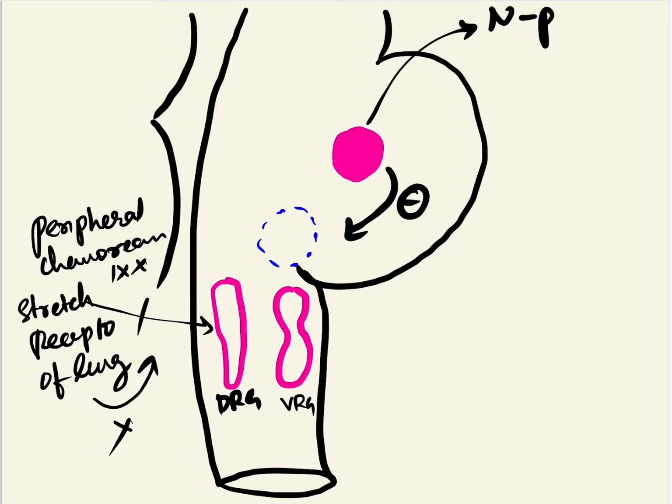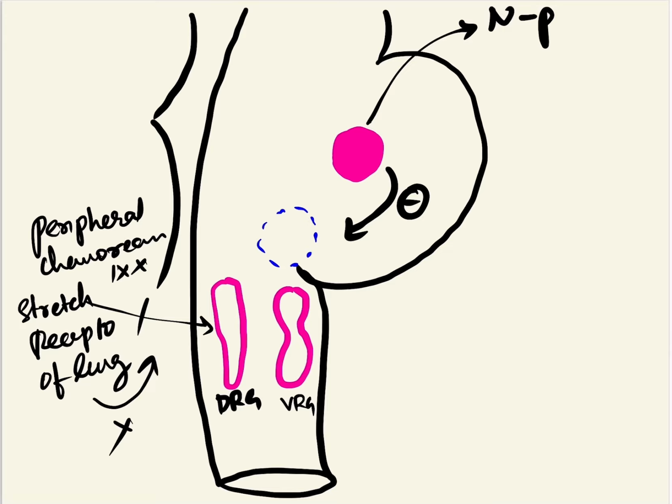The actual function of the apneustic center is that it prolongs the inspiration by acting upon the DRG and VRG. Whenever the pneumotaxic center inhibits the apneustic center, it will also inhibit these two and shortens the inspiratory activity. How is this happening?